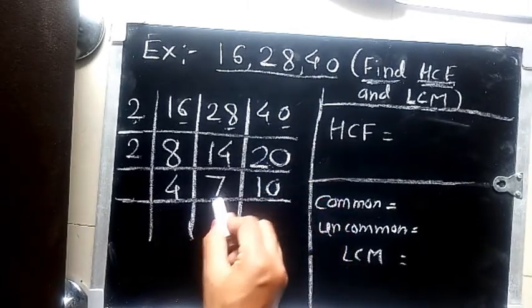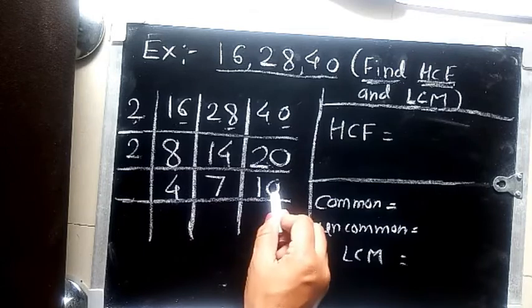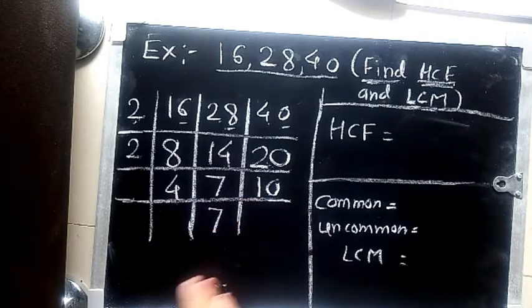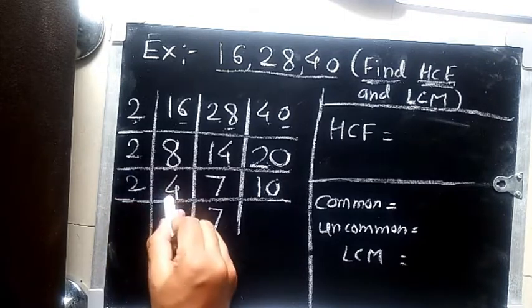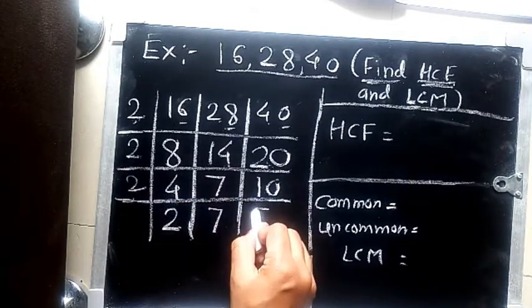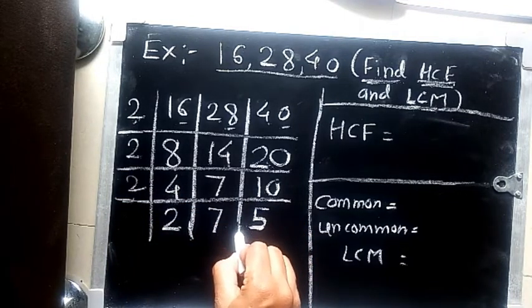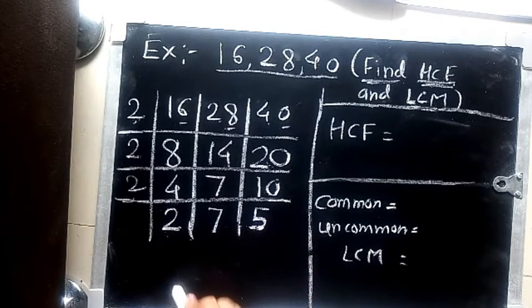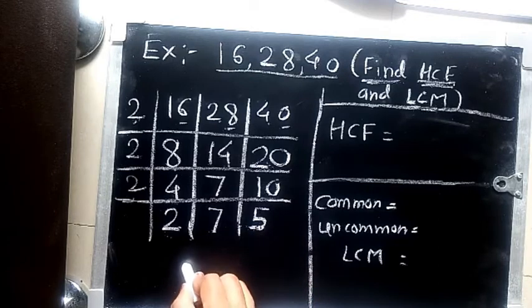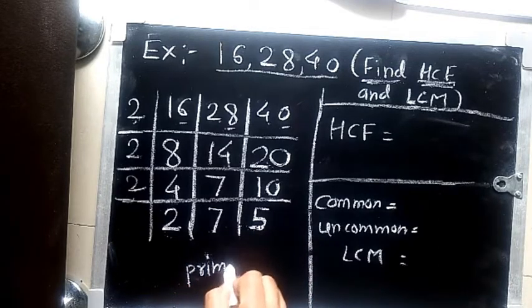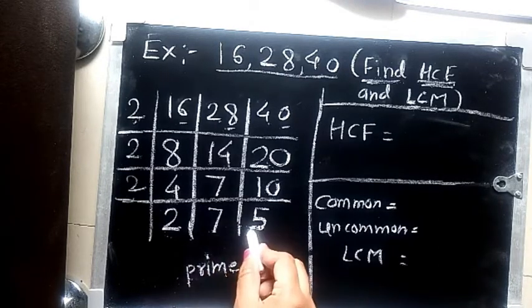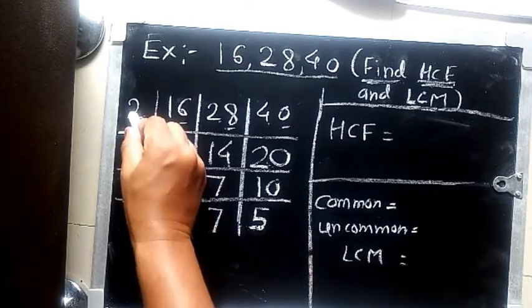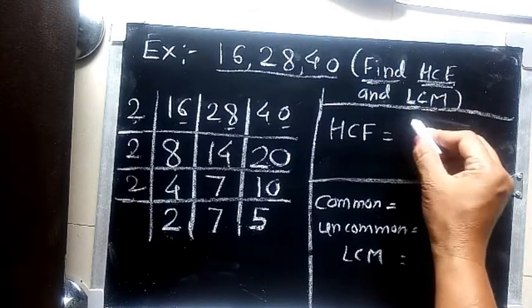Here 7 is a prime number. 4 and 10 divided by 2. Write down 7. 4 divided by 2 and 10 divided by 2, remainder 2, 7 and 5. 2, 7 and 5 are prime numbers, so stop division. 2, 2 and 2 are common numbers.